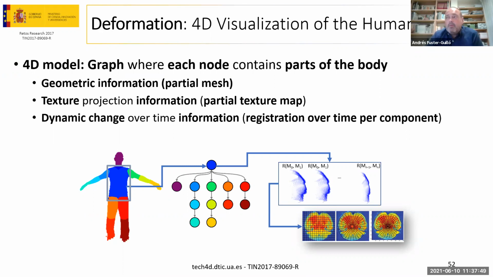For example, we are storing in this graph geometric information of the different parts of the body, the partial meshes, texture projection information with the partial texture maps, and the most important, the dynamic change over time, that is the deformable registration of the different parts of the body evolution over time.